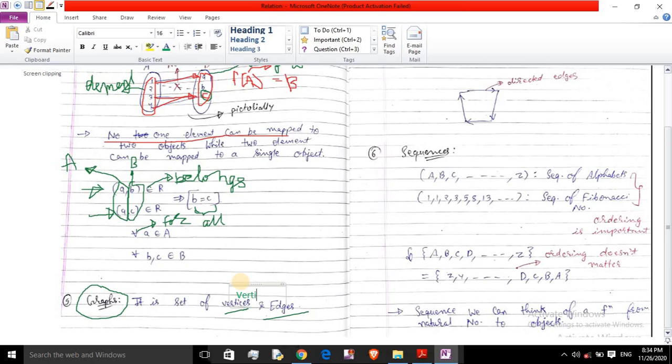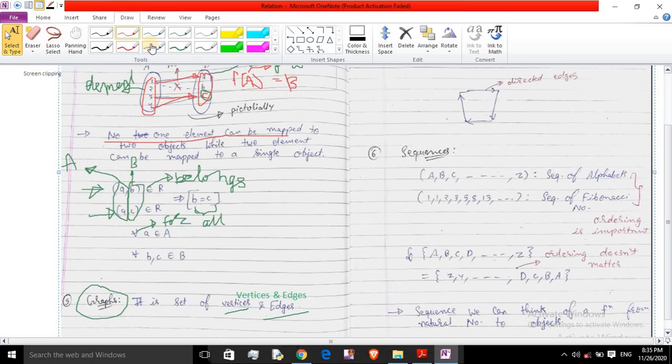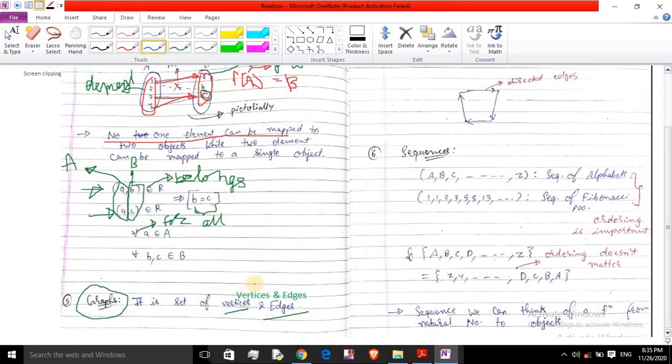So this is vertices and edges. Now look at this. What is it? A graph is a set of vertices and edges.